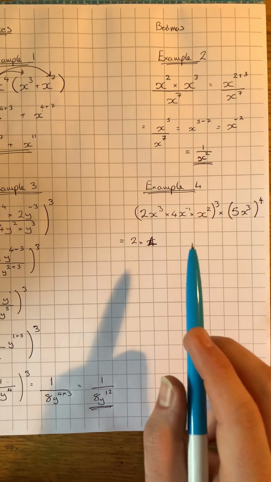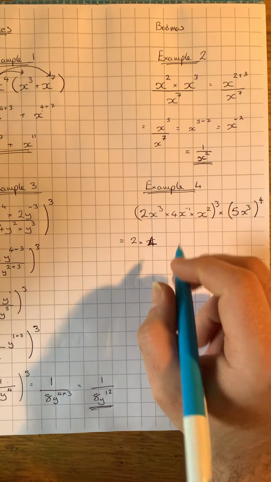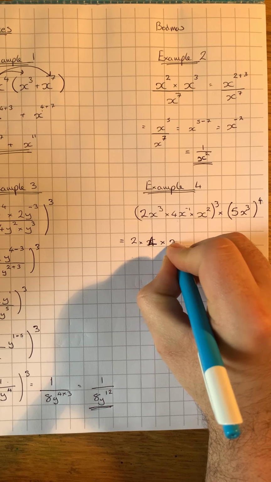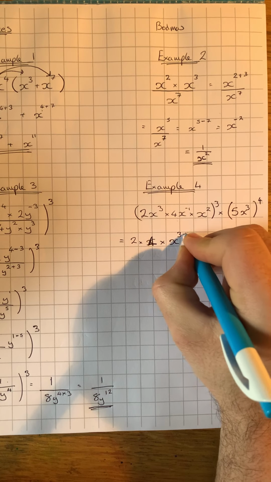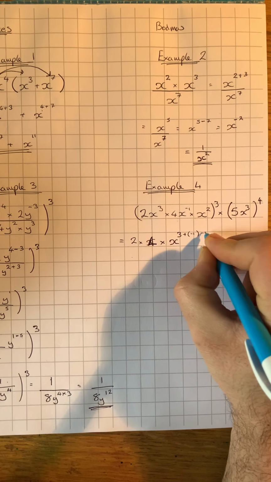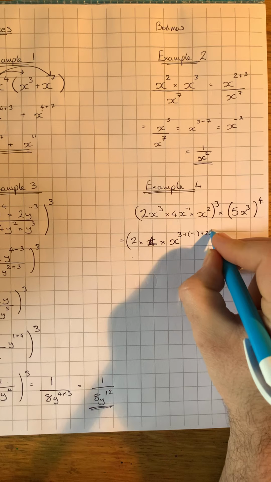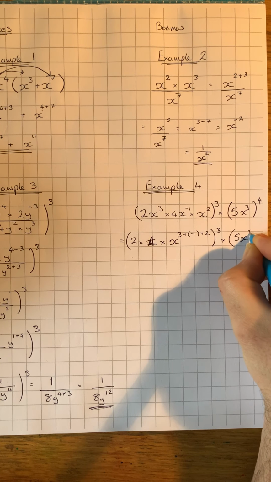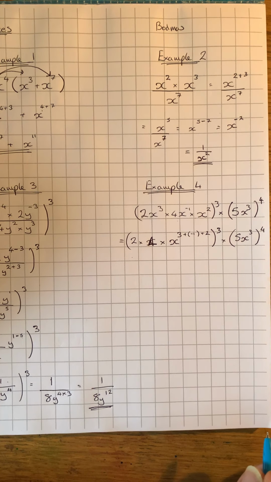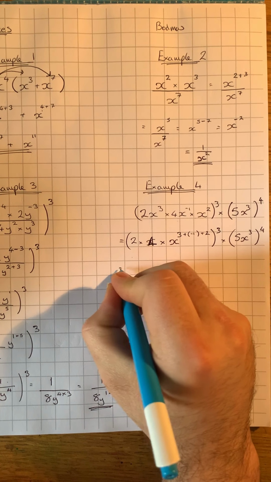There's just a 1 there, so there's no point in putting 2 times 4 times 1 because it will give me the same answer. Times by, now we've got an x, and we're going to be doing 3, add -1, add 2, and that's all to the power of 3. And we've got a wee bit on the end here like so.